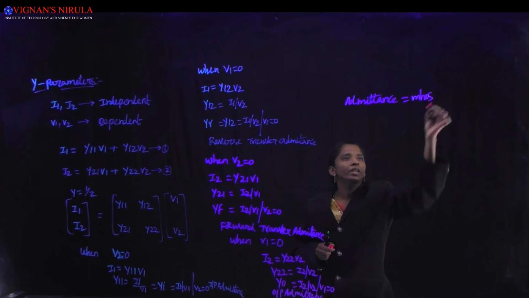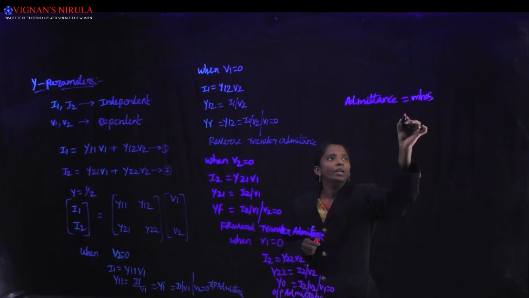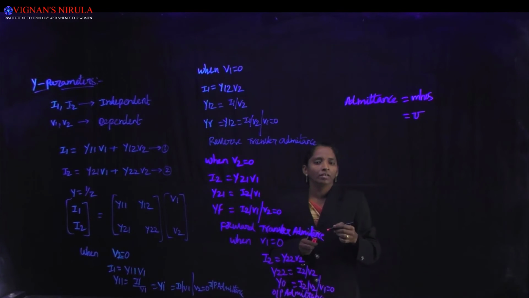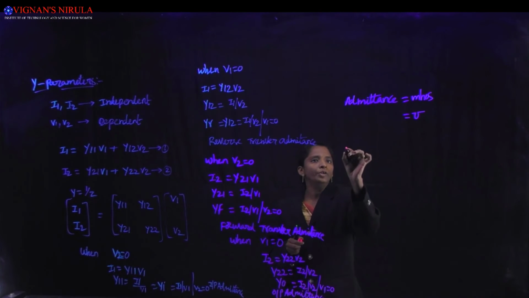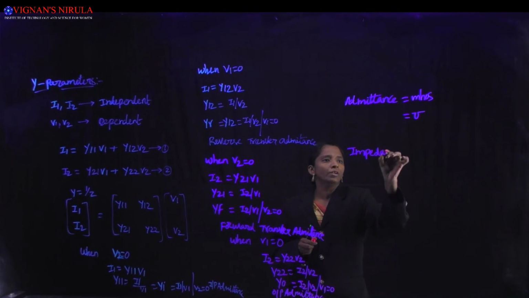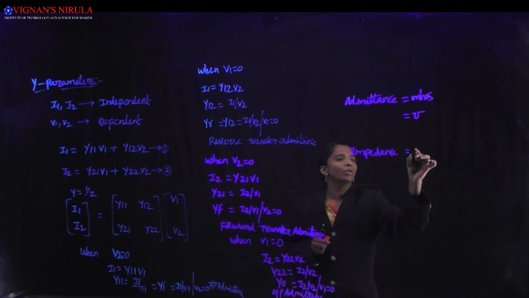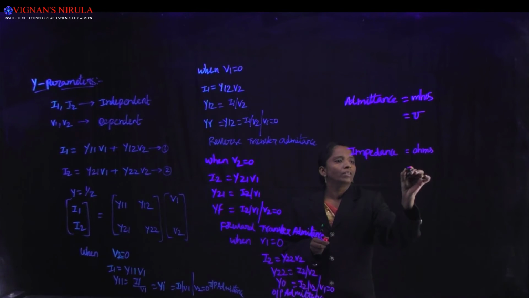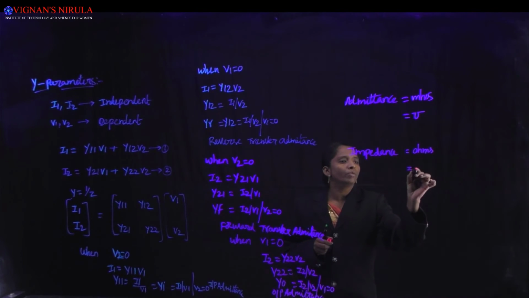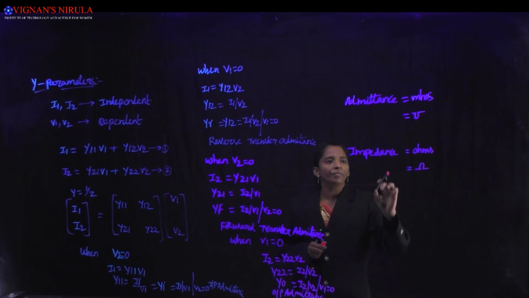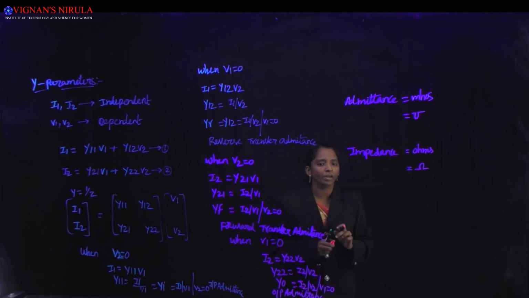The unit for admittance is mhos, and the symbol for mhos is the reverse of the ohms symbol. The unit for impedance is ohms. The symbol for ohms is this one. So these are the units of Z parameters and Y parameters.